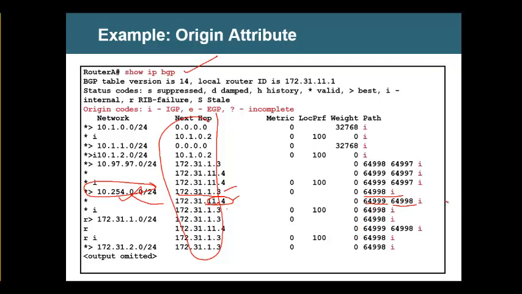So it shows the AS path, which is well-known mandatory. It shows the next hop, which is also well-known and mandatory. It also shows how it is introduced. I means what? Advertised using the network command. Well-known and mandatory. So for every prefix, it will have the next hop, the AS path, the origin.